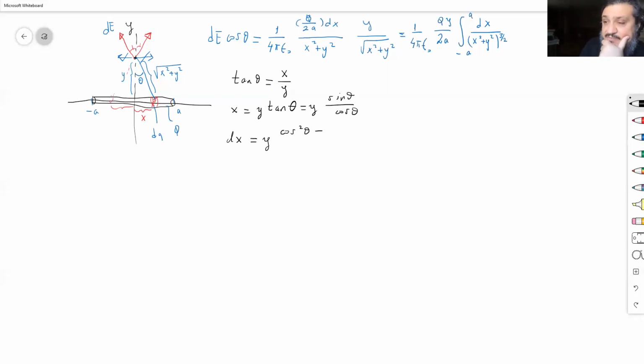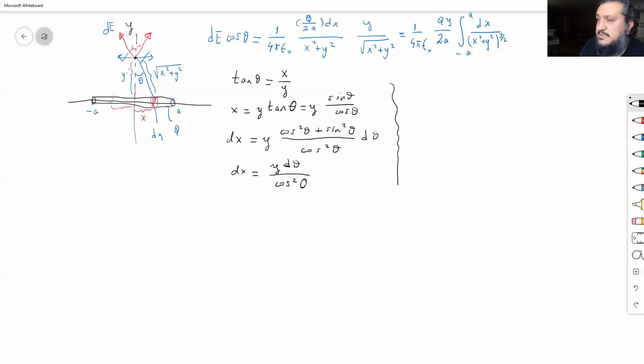So I have a negative sine squared, makes positive, divided by the square of the denominator, cosine squared theta. And the numerator is 1, therefore dx will be equal to y d theta divided by cosine squared theta.